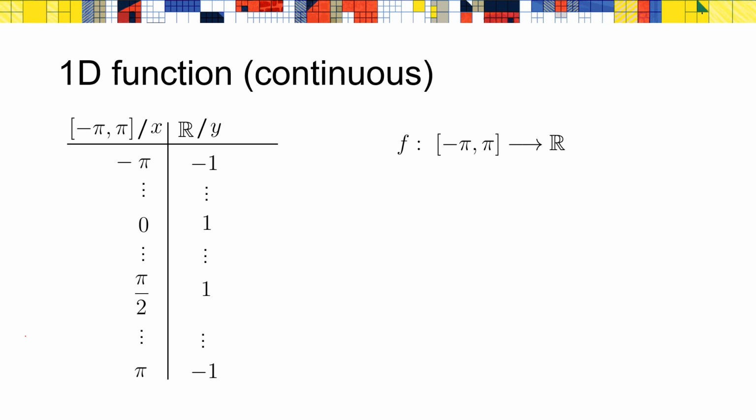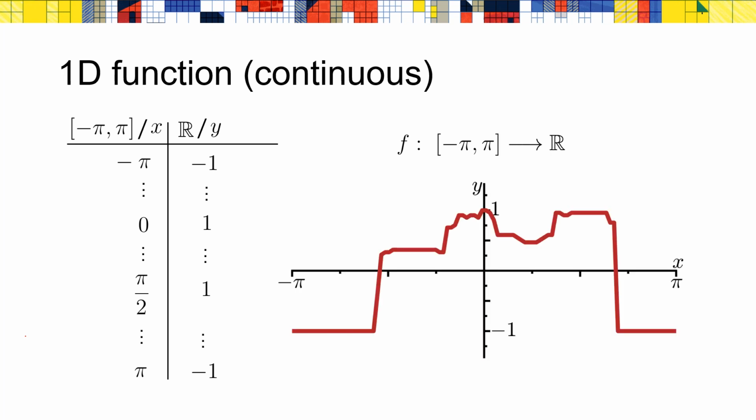A function is the association of one value of the first set, the interval, with a value of the second set, the real line. Here we have such a list of associated values, and this is a function that corresponds to this set of corresponding values.